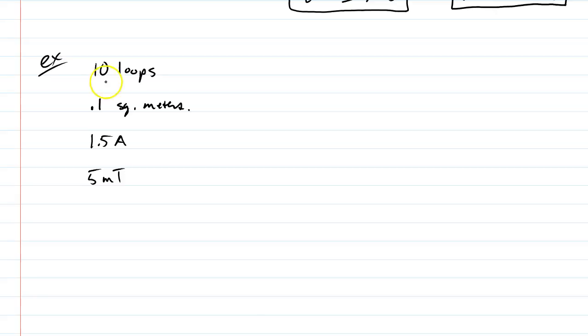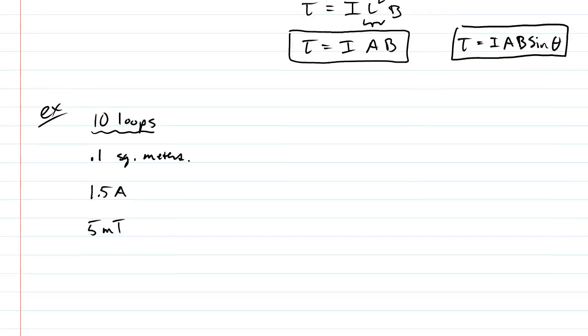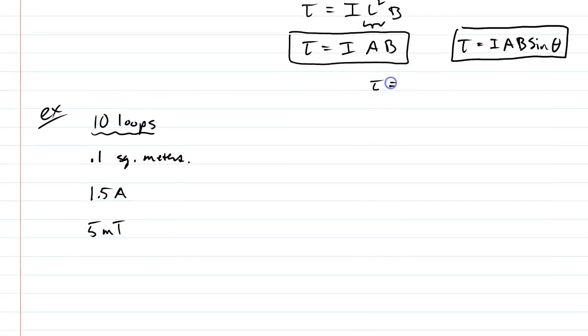So one thing we need to make sure we know is that you can have a number of loops, and the more loops you have, the stronger the torque. The way I think of it is, if you just keep adding loops, it's like you're multiplying the number of torques going on there, so you just multiply by n.